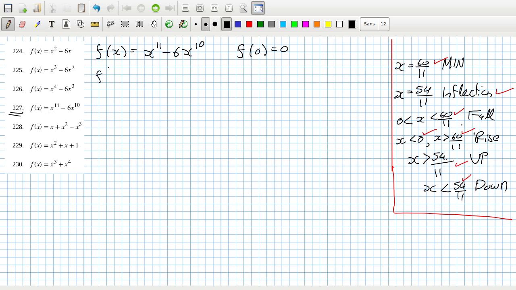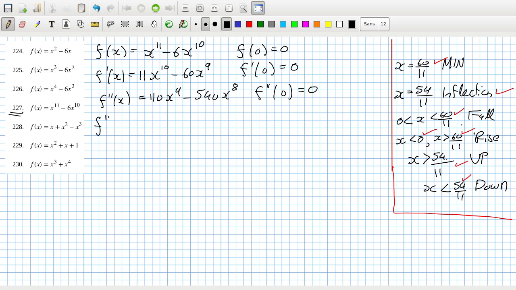Okay, so f'(x) is 11x^10 minus 60x^9. And here, f'(0) is also 0. Second derivative, that's 110x^9 minus 540x^8. But again, the second derivative is 0.